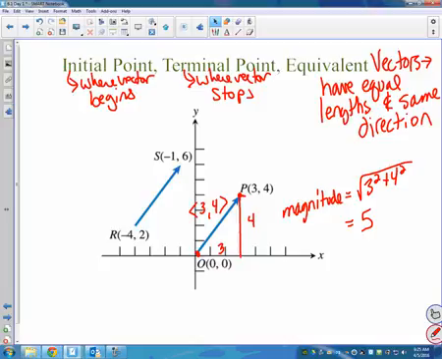So we need to know, how do we take this and write it so that it looks like it's starting at the origin, like the component form, like if I moved it over?